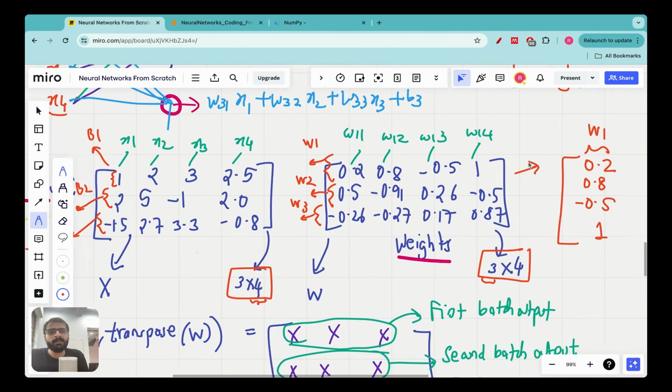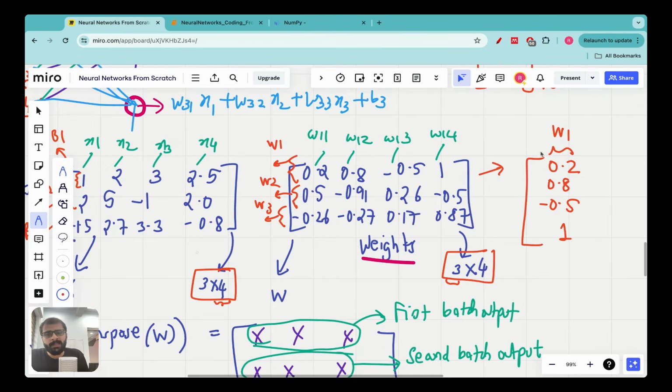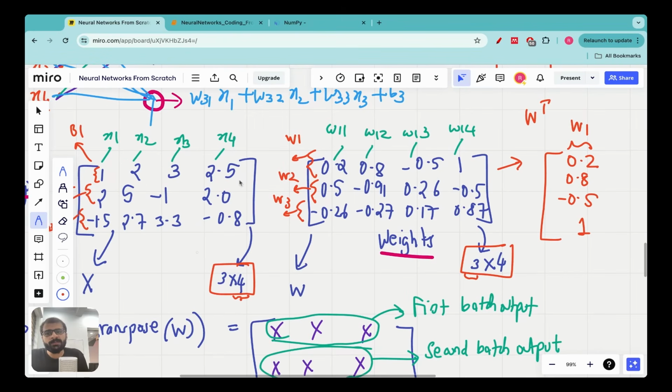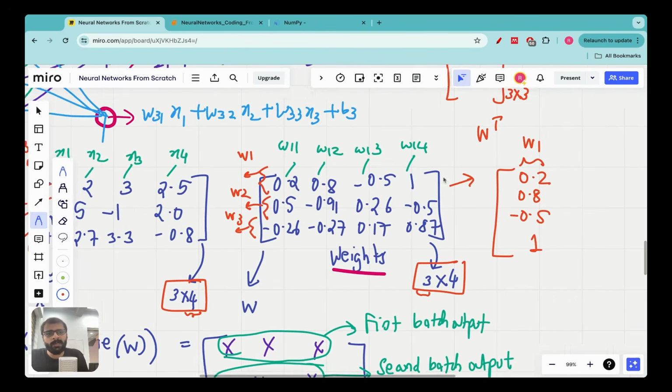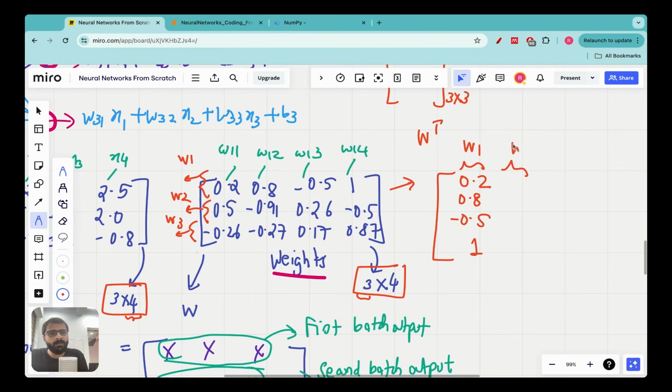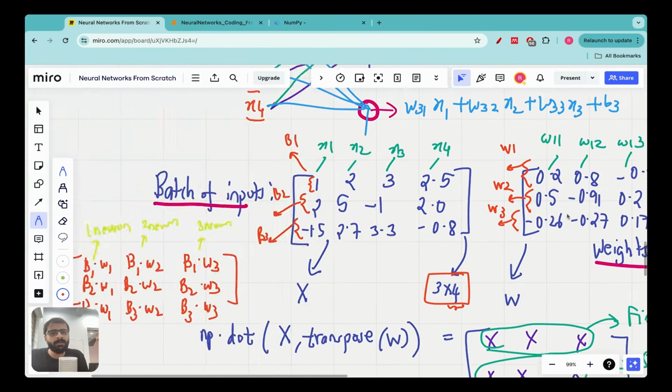And then if you take the dot product between this X and this weights transpose, the first row will be multiplied by the first column. So B1 will be multiplied by W1, the second row B2 will be multiplied by W2, and the third row will be multiplied by W3.